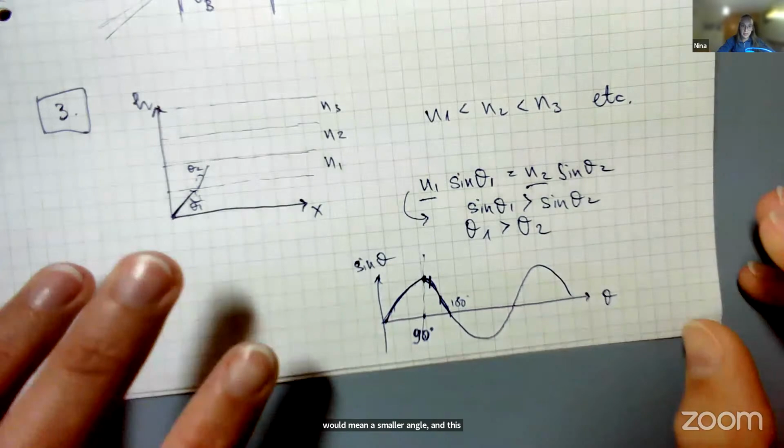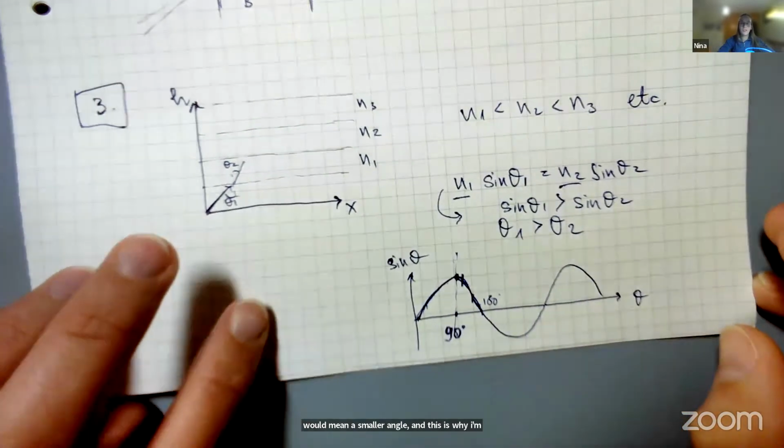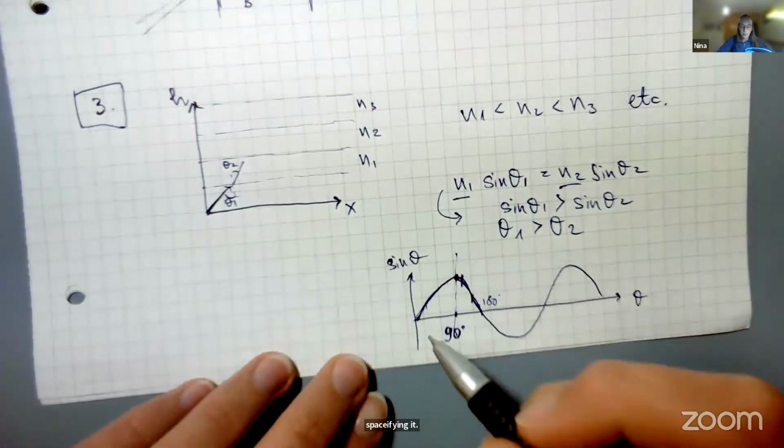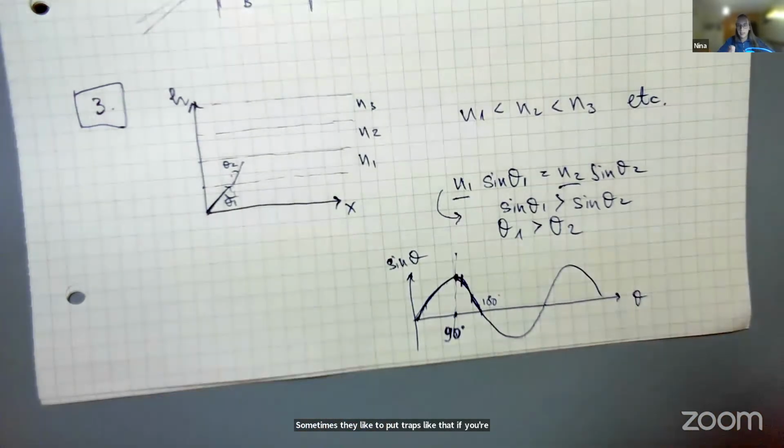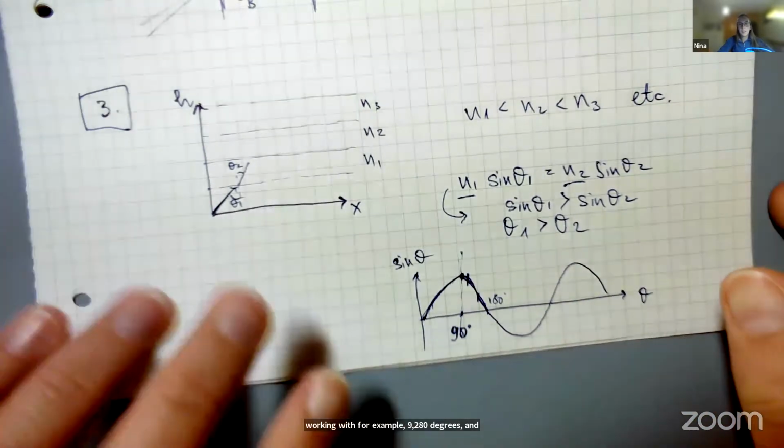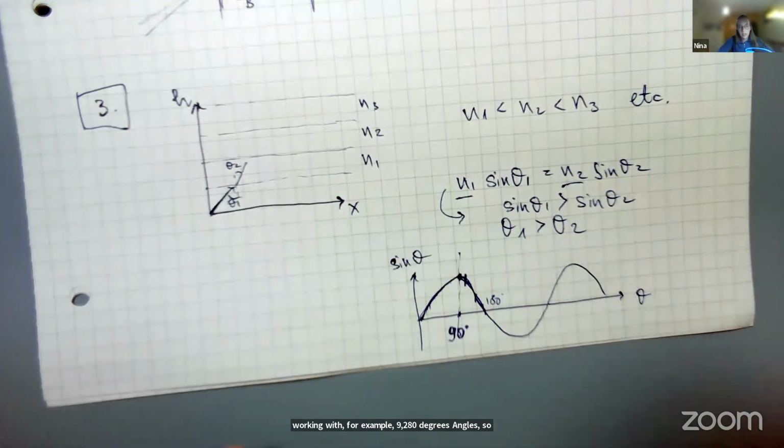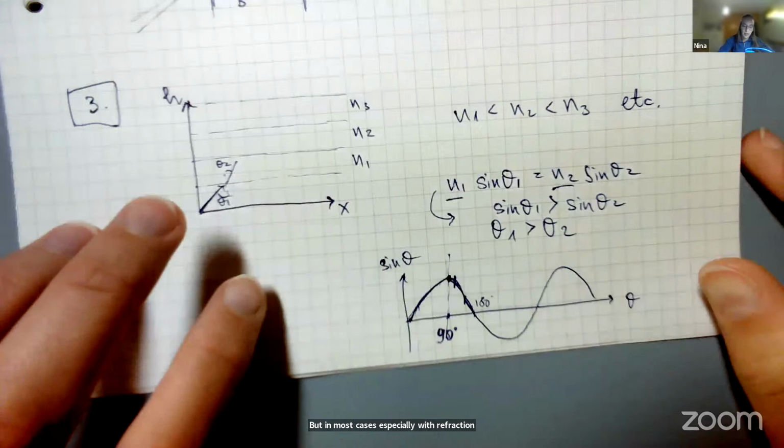And this is why I'm specifying it. Sometimes they like to put traps like that if you're working with, for example, 90 to 180 degrees angles. So maybe keep it in mind, but in most cases, especially with refraction, it's simply, if a sine is bigger, the angle is bigger. But yeah, keep that in mind.